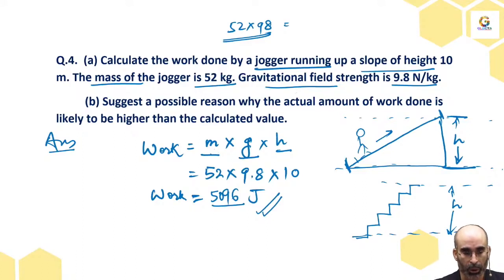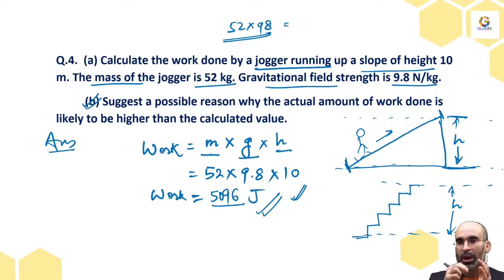Okay, now this is a very important question. Suggest a possible reason why the actual amount of work done is likely to be higher than the calculated value. There is some sort of resistance, right? Friction must be there. So the jogger has to do more work than this.